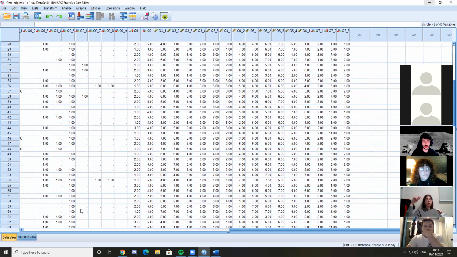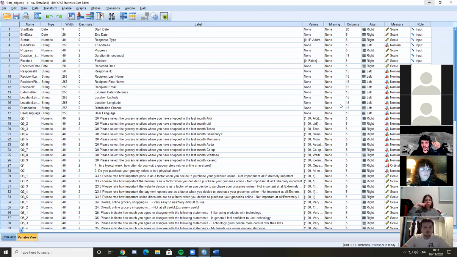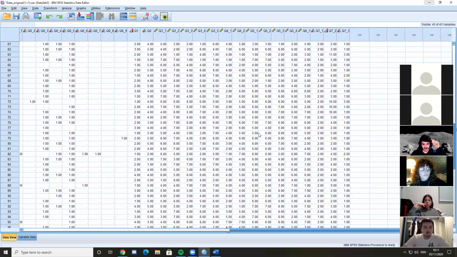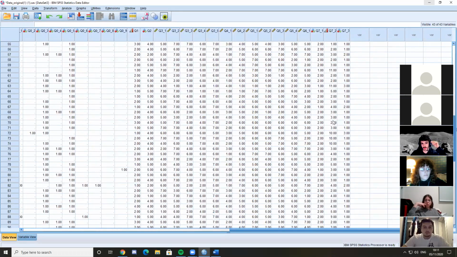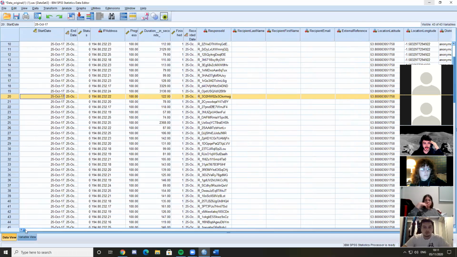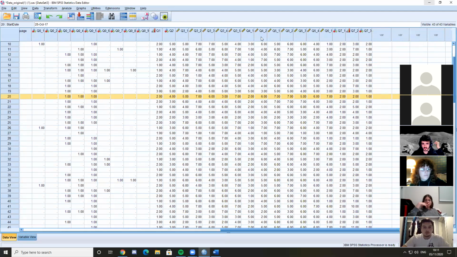Okay, but in the data view, how do we know if we're supposed to keep the missing column as none or if we're supposed to put 99999? So basically, if I change the missing, each of these, I believe, has been answered. But if this person, for example, person number 20, didn't answer question 4.1, then instead of seeing a 2 over here, I'm going to see 999.